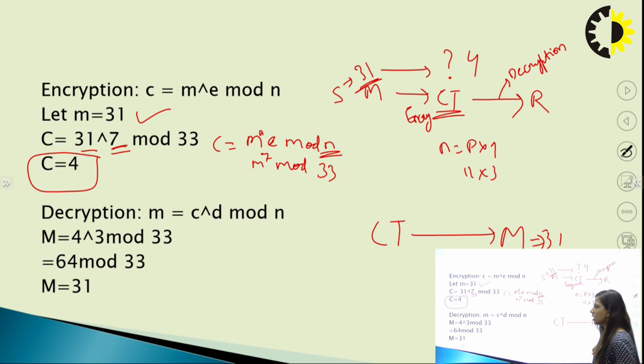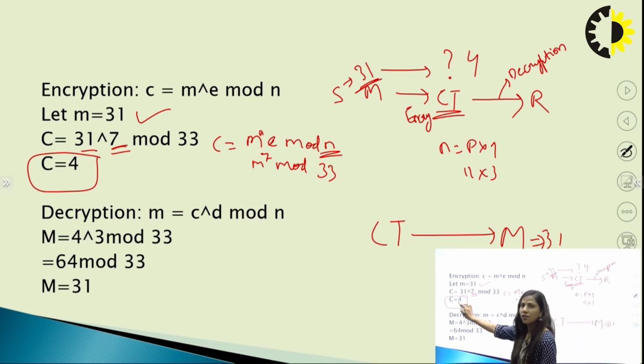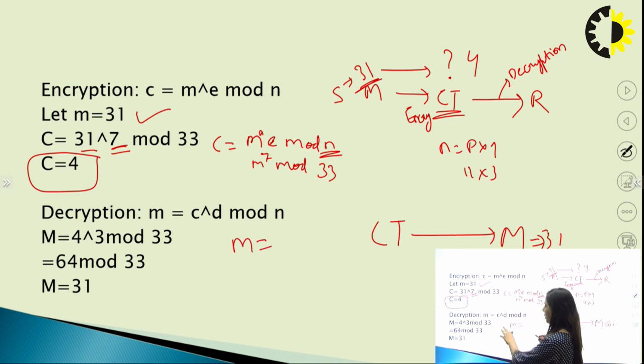So this is the decryption part. Now from the ciphertext we are going to calculate the message value. We have the ciphertext value, so we convert it over here, meaning we calculate the message value. For example, what was the value of C?